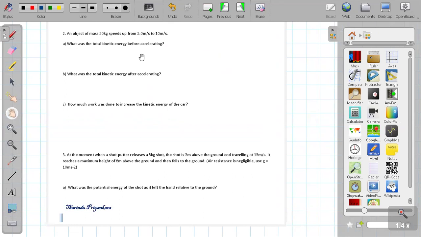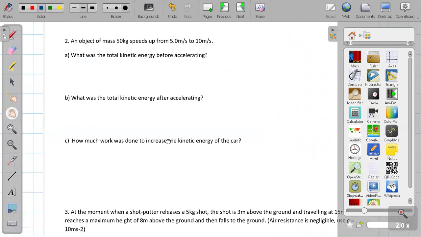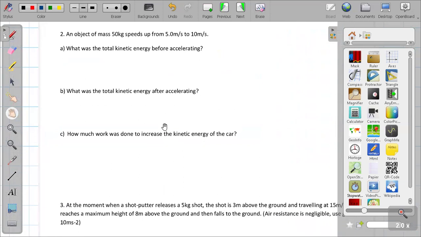The next one. An object of mass 50 kilograms speeds up from 5 meters per second to 10 meters per second. What is the kinetic energy before accelerating? Half times 50 times 5 times 5, that's 25 times 25, which is 625 joules.